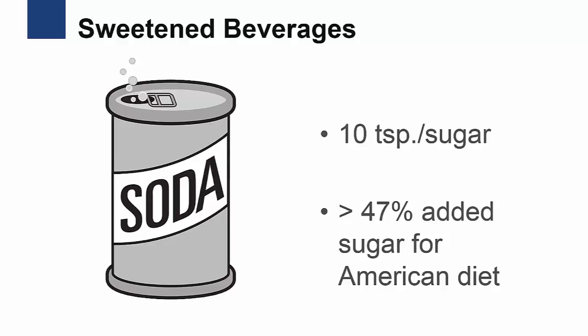For example, a can of regular soda has approximately 10 teaspoons of sugar and contains approximately 150 calories. Drinks containing high amounts of added sugar account for more than 47% of added sugars in the American diet. It is very easy to take in more sugar in your diet than needed.